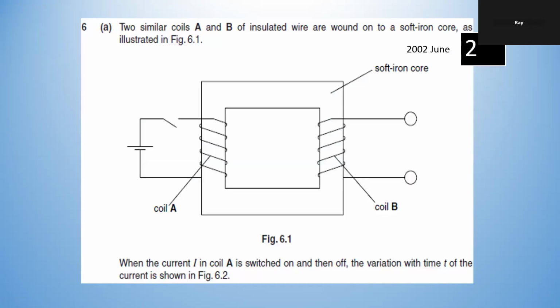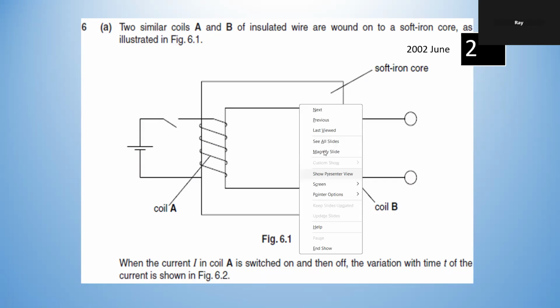Okay, let's look at this question. Two similar coils A and B, of insulated wire are wound on a soft iron core as illustrated in the figure. When the current from this battery in coil A is switched on and then off, the variation with time t of the current is shown in figure 6.2.